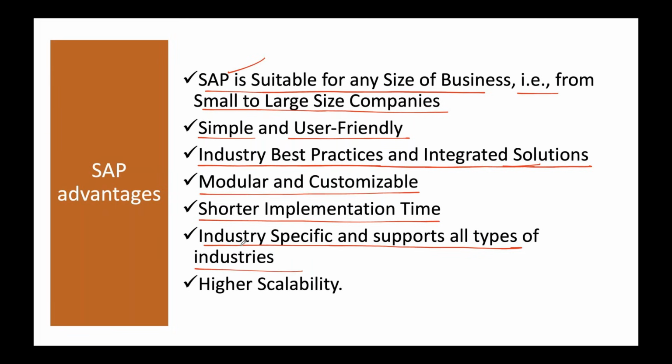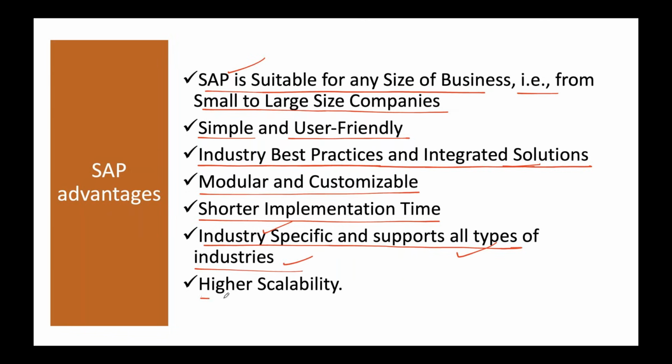For each type of industry they have come up with an industry specific solution, and it supports any type of industry: automobiles, oil and gas, pharmaceutical, chemical, food industries, beverage industries which manufacture soft drinks or hot drinks, beer, whiskey. Any type of industry can use SAP.